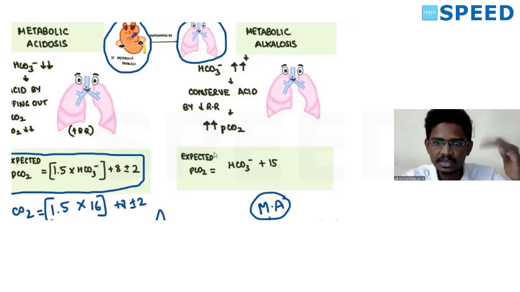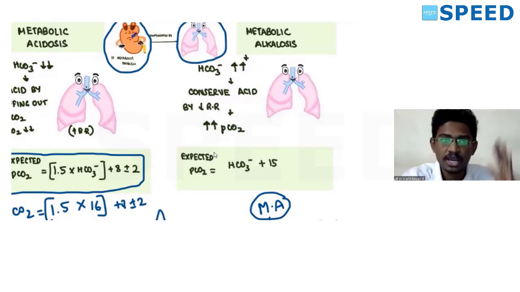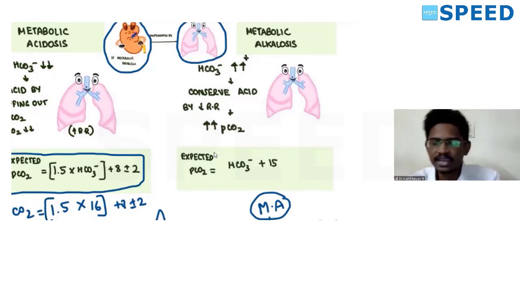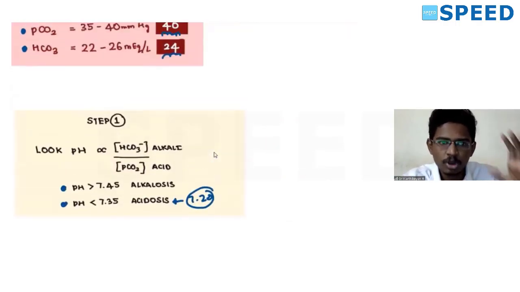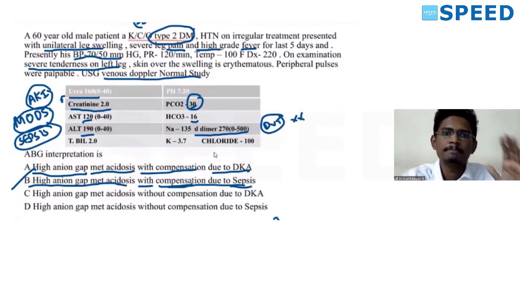Only in case of INI-CET, they will expect you, apart from calculating compensation, to go further and calculate delta ratios and how to interpret delta ratios. If multiple ABG disturbances happen, how to interpret that. Those things are important in INI-CET. So today we will see these basics. Tomorrow we will go further in this topic and learn some more advanced ABG interpretation. Thank you.